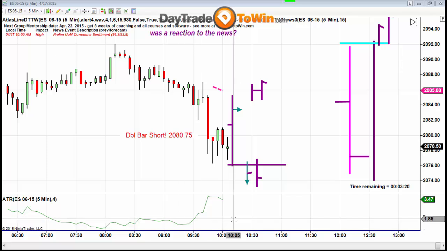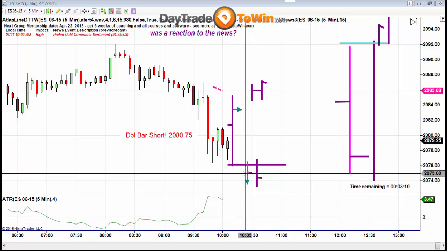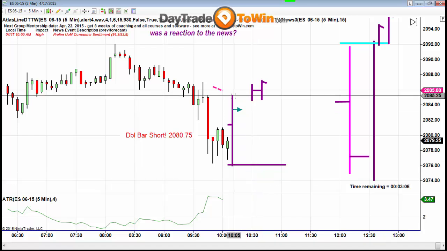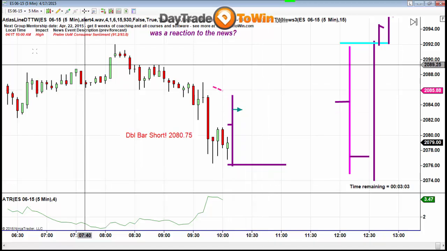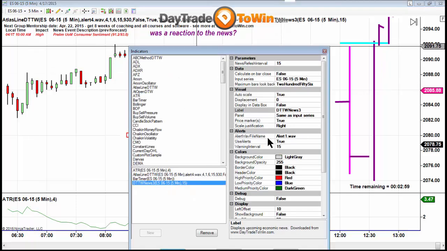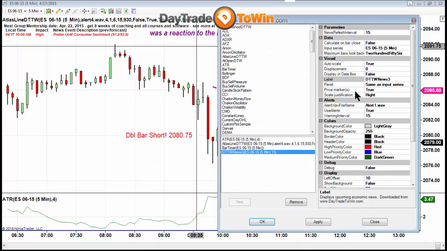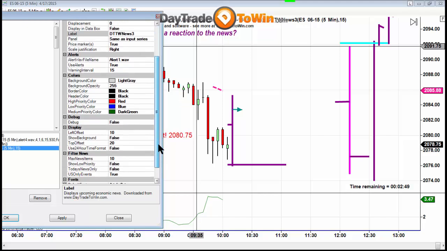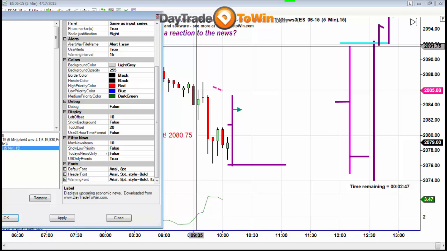All right. Now, I'm going to give you guys a little bit of a tip, because there is a tip that sometimes occurs, almost like a giveaway. Sometimes, and please, by all means, go back and look at when the news is released. And with this DayTradeToWin news indicator that I have, you can choose whether or not you want to see, for example, let me just go over here, just European news or United States news.